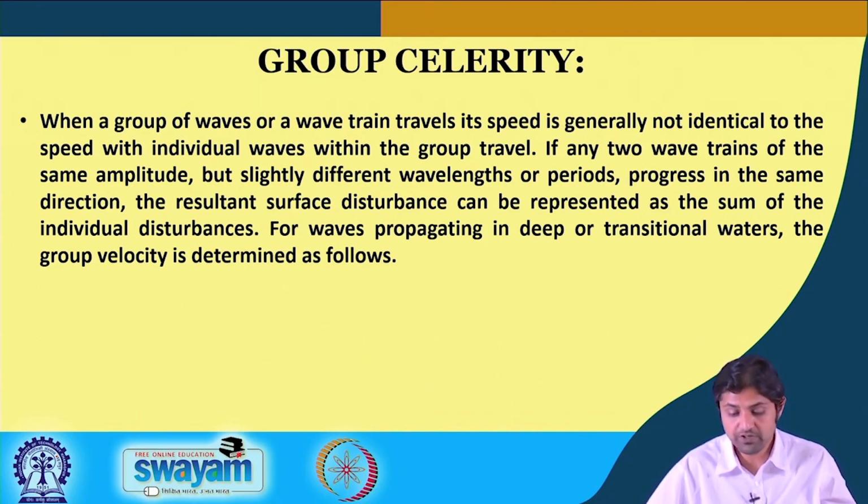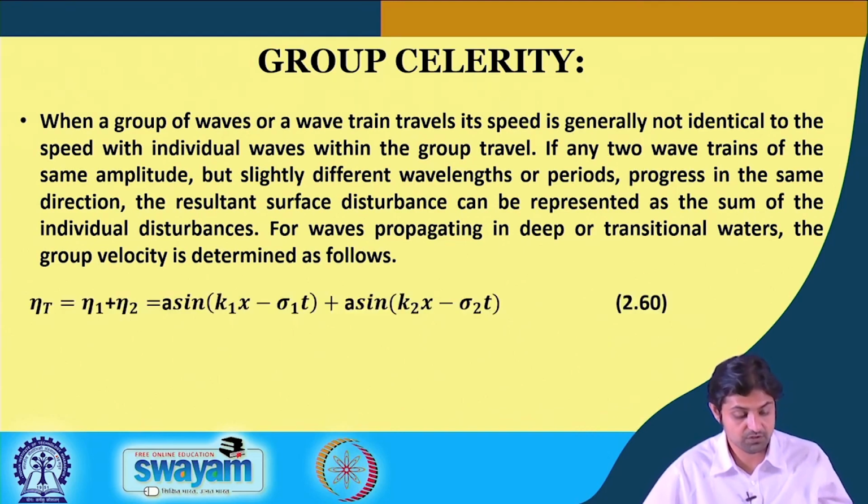So if any two wave trains of the same amplitude but slightly different wavelengths or periods progress in the same direction, the resultant surface disturbance can be represented as the sum of individual disturbances, based on the principle of superposition. For waves propagating in deep or transitional water, the group velocity is determined as follows.